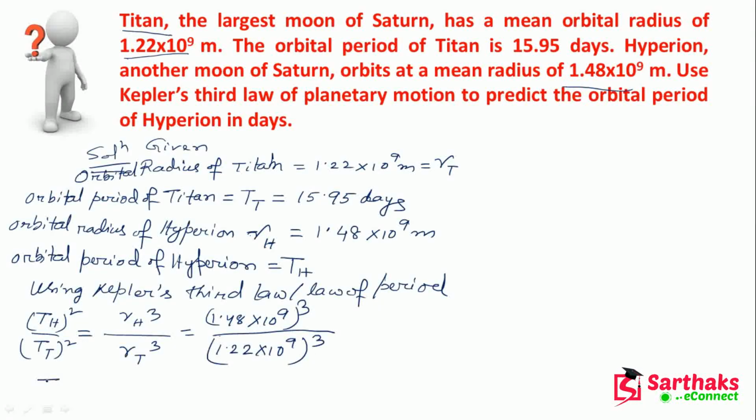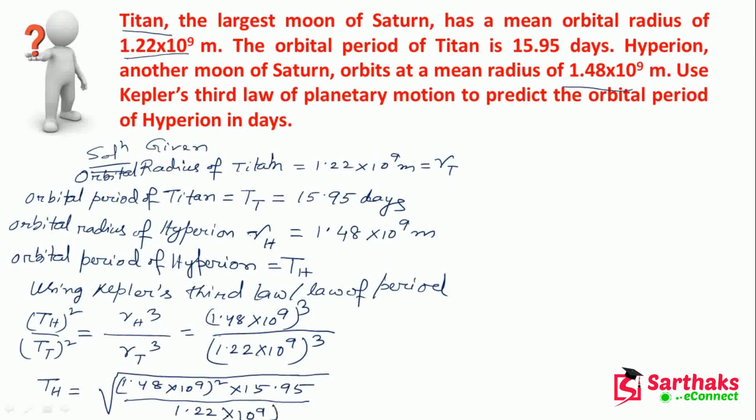So from this we will get TH equals the square root of ((1.48 into 10 to the power 9) whole square into 15.95) divided by (1.22 into 10 to the power 9) whole square.